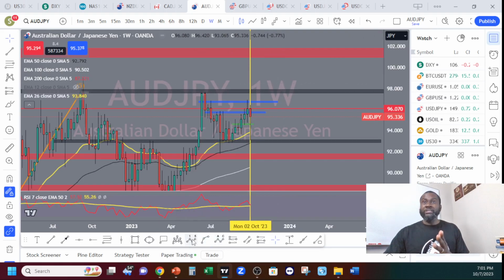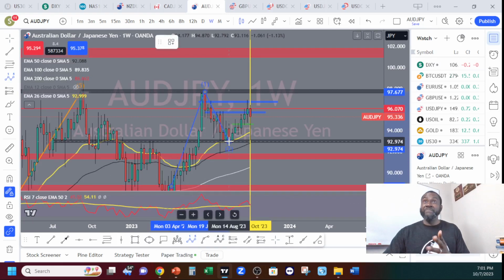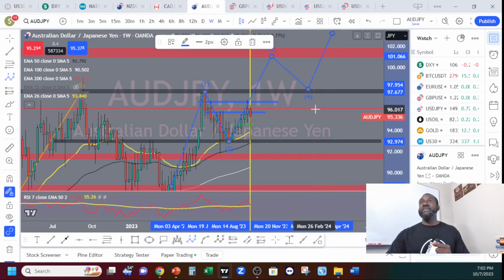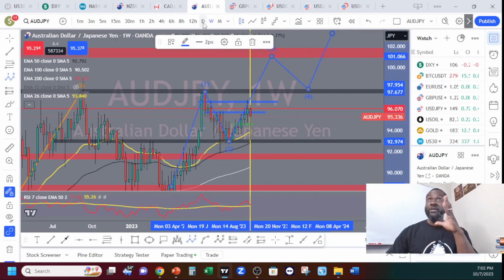For the trend to break, we want to see it make a low that is lower than this one, then a high that is higher than this high. This is 1, 2, 3. Then we say price just broke it, and price might continue to do this. This is a weekly time frame, a longer time frame. So now price is consolidating in the weekly time frame.